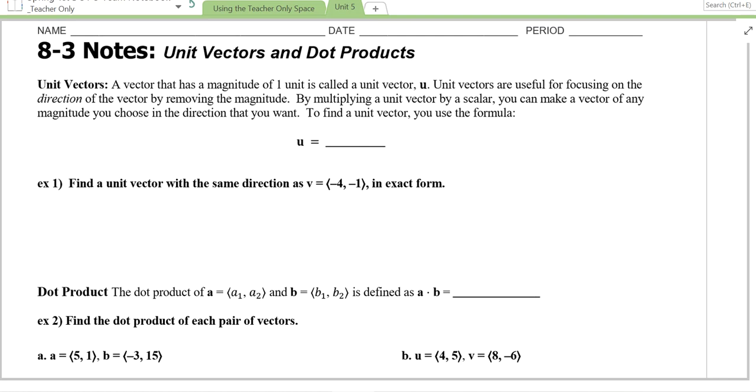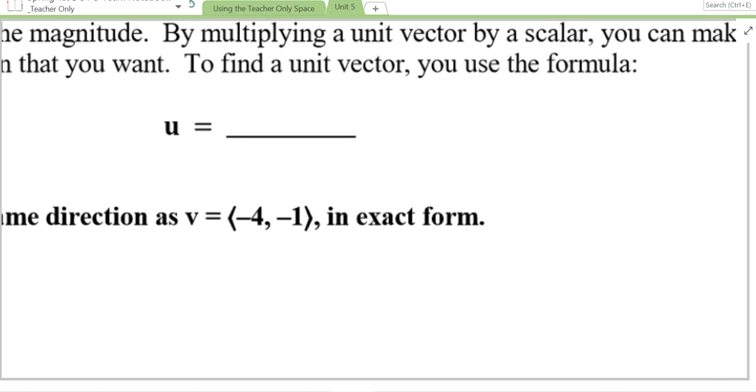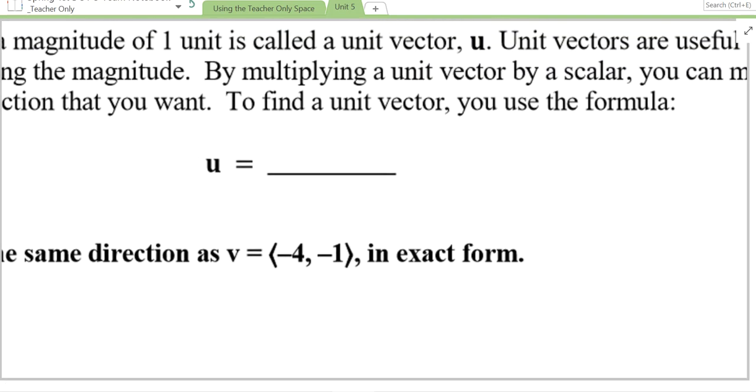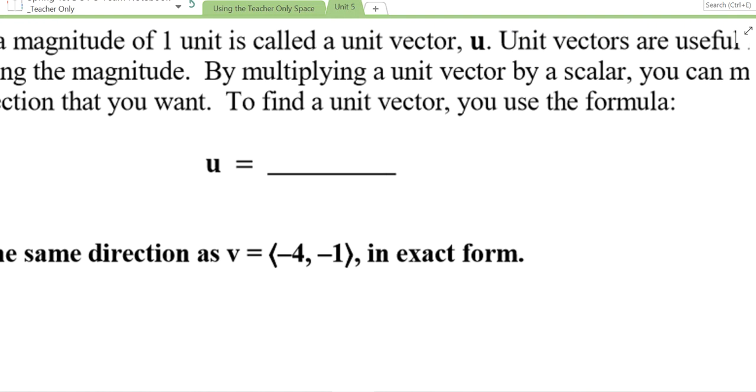If we're looking for the unit vector u that is based on some vector v, then it is equal to the vector v divided by its magnitude, which makes sense because it's the same direction. It's just 1 unit long.